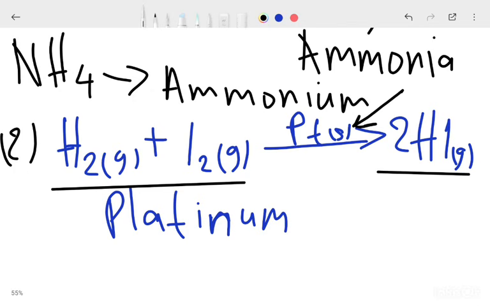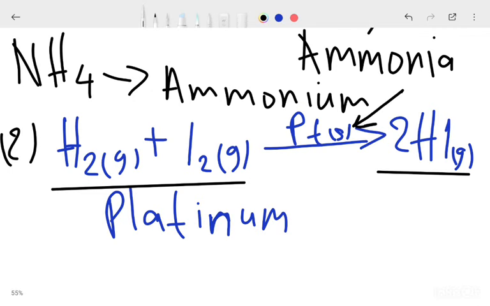It doesn't mean that it's only the catalyst that will always be in a different phase. Sometimes the reactants are in a different phase. Sometimes the catalyst and the product are in the same phase, but the reactants are in a different phase.